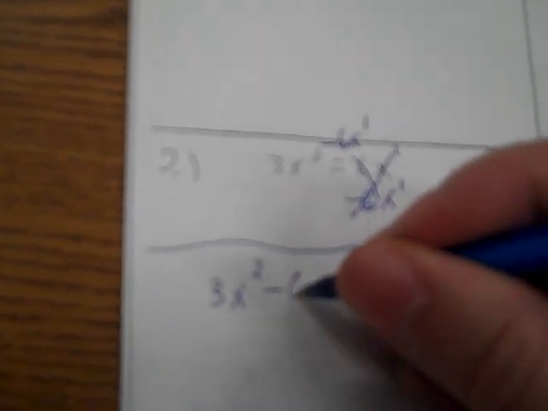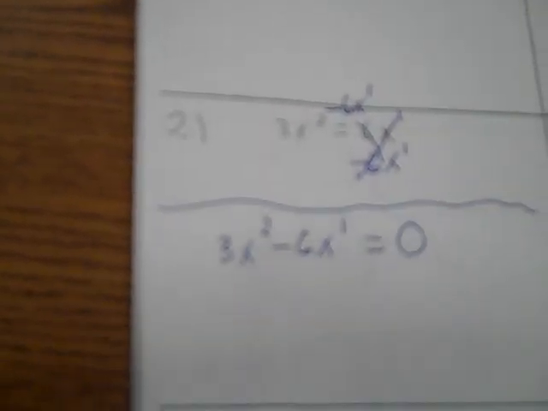Again, just put that kind of in no man's land above the equals, minus 6x to the 1. Okay, so now I write the equation. I got 3x to the second, subtraction, and then 6x to the 1 equals, now I can write 0. Okay, so 0, and now I can set up my GCF box.